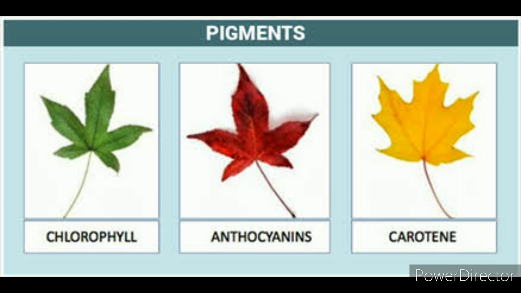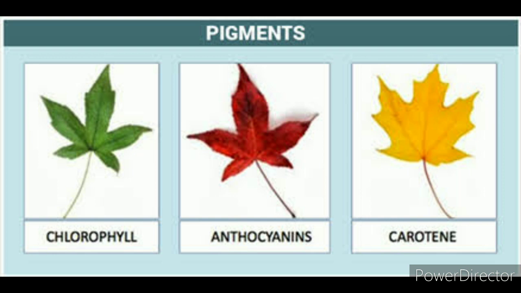The photosynthetic pigments are of two types, chlorophyll and carotenoids. Chlorophyll is of two types, chlorophyll A and chlorophyll B, while carotenoid is of two types, xanthophyll and carotenes. Chlorophyll gives green color and carotenoids give yellow or orange color. Xanthophyll gives the yellow color while carotene gives orange color.